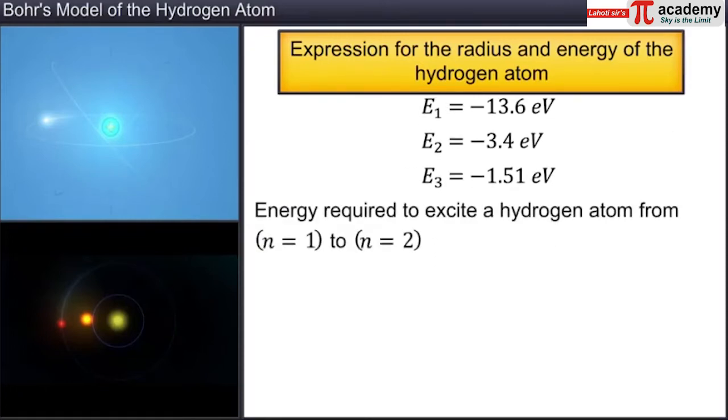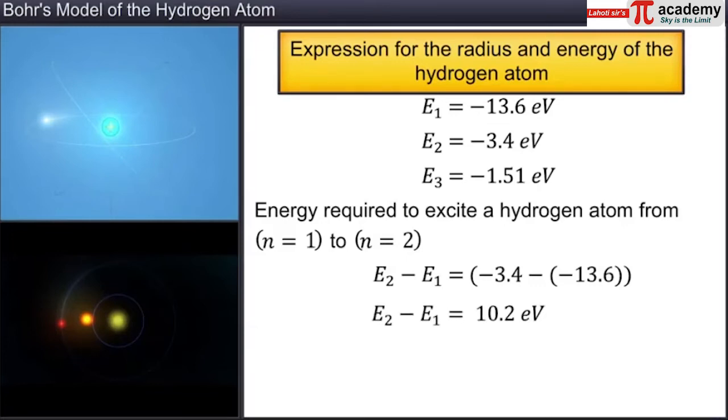So, to excite a hydrogen atom from ground state, where n is equal to 1, to the first excited state, where n is equal to 2, the energy required is E2 minus E1. This is equal to minus 3.4 minus of minus 13.6, which is equal to 10.2 electron volts.